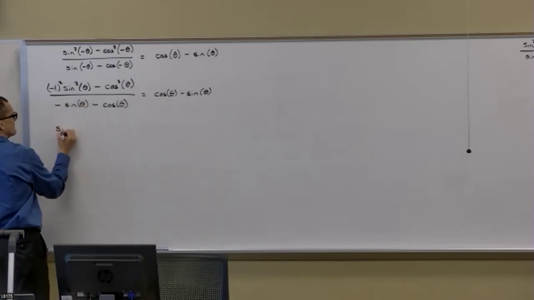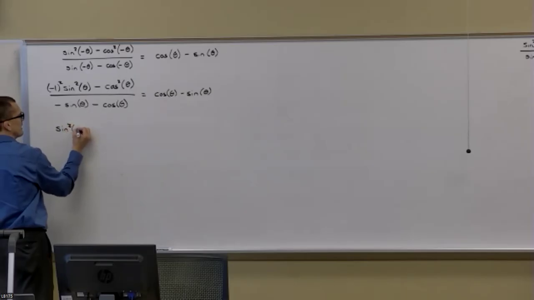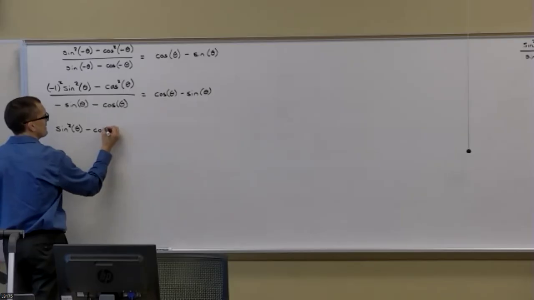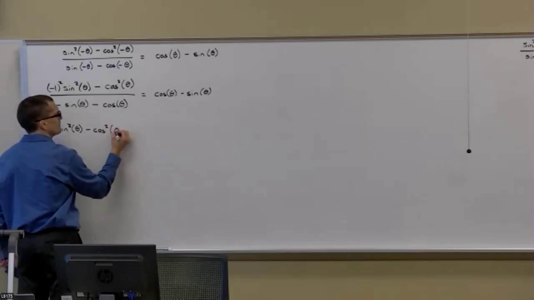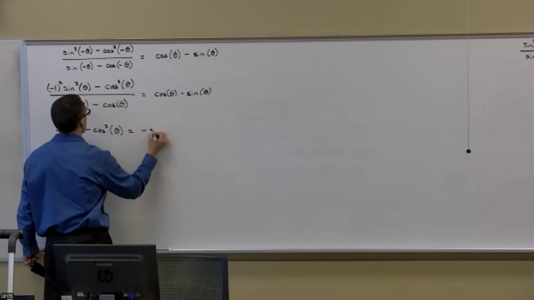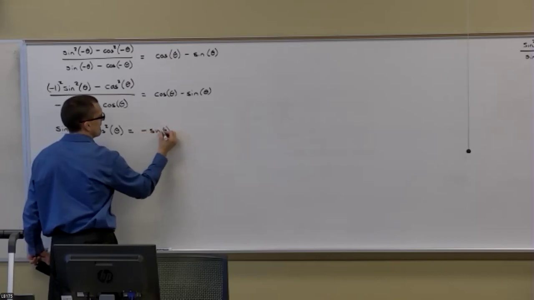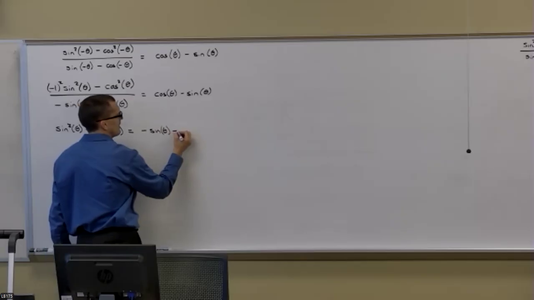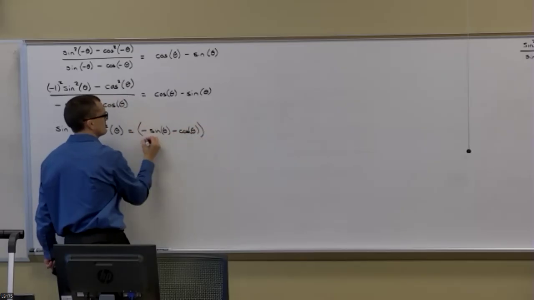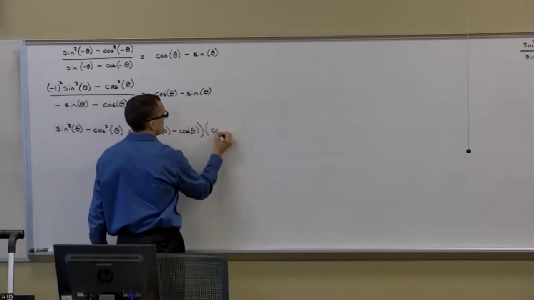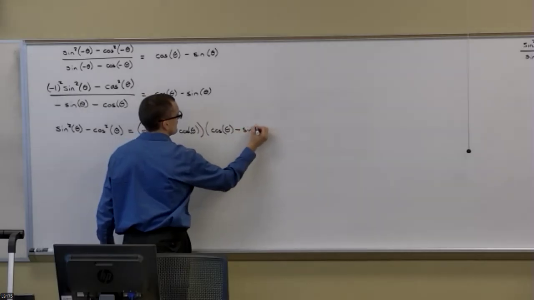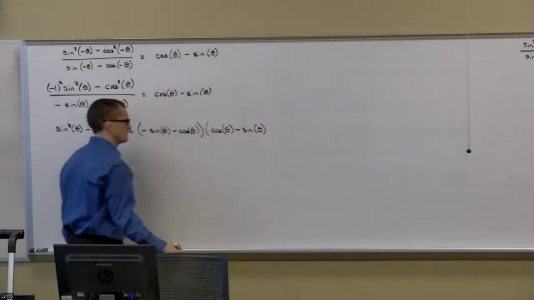And on the left-hand side, that's just going to give me sine squared minus cosine squared is equal to negative sine theta minus cosine theta multiplied by cosine theta minus sine theta.